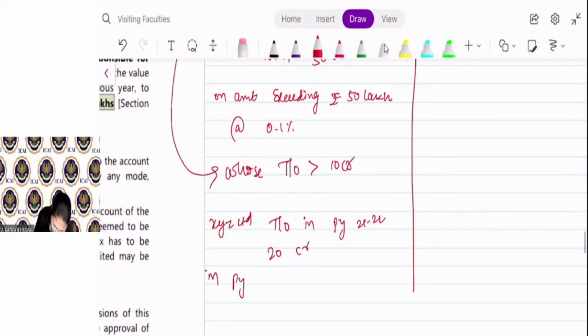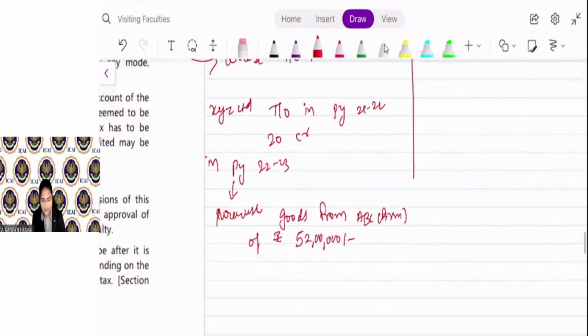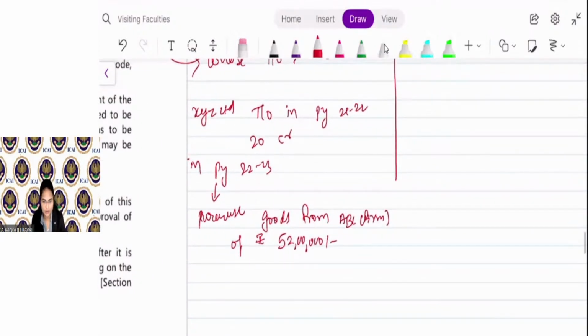In previous year 22-23, they have purchased goods from ABC firm of rupees 52 lakh. Chalo, whether TDS under section 194Q is applicable or not.